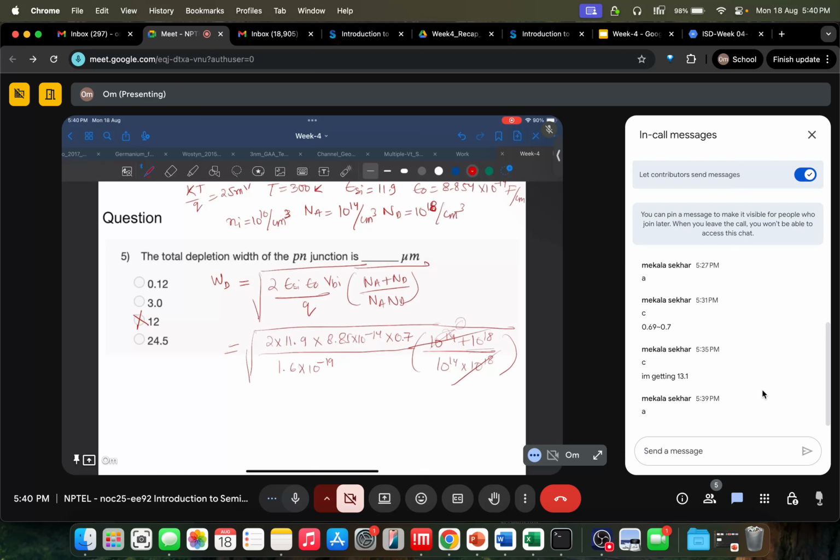So what we are left with is 2 into 0.9 into 8.85 upon 1.6 into 10 to the power 5 by minus 19, so minus 9.